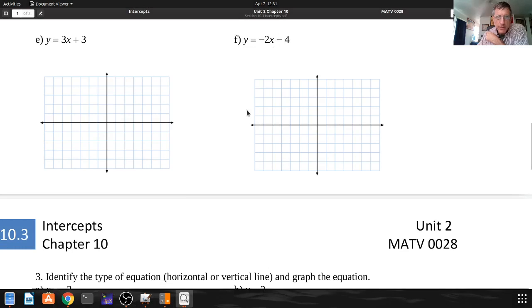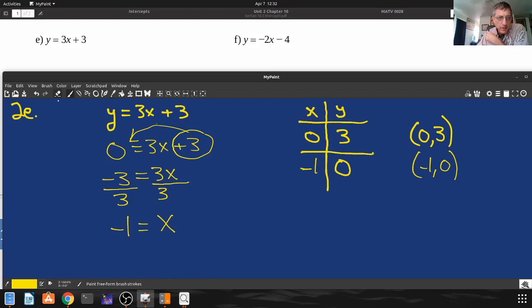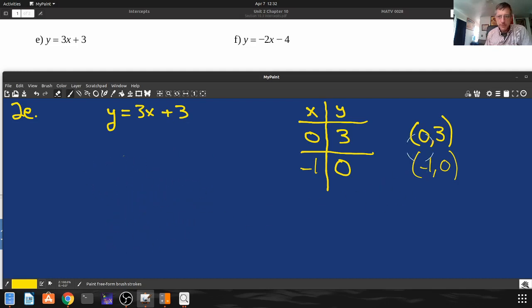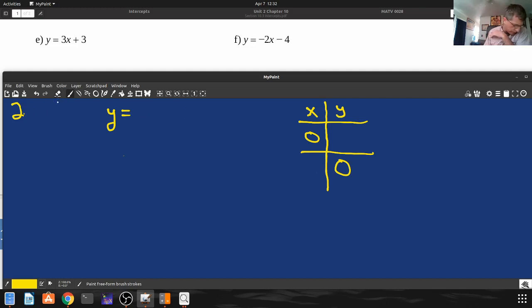And let's do y is equal to minus 2x minus 4. So this one is 2F.